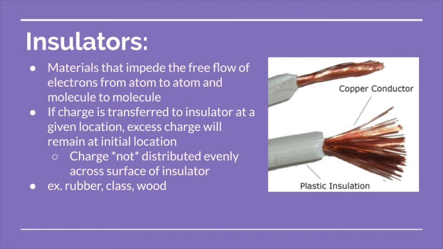So it's not going to spread out across the surface of the object. It's going to stay in that one spot. So with an insulator, we do not see charge spread evenly across the surface. And an example of an insulator would be something like rubber or glass or wood.